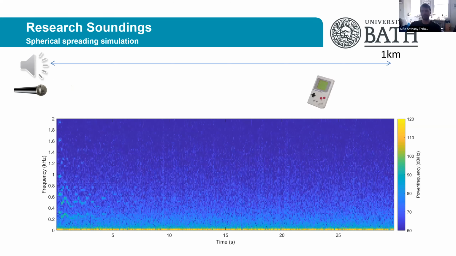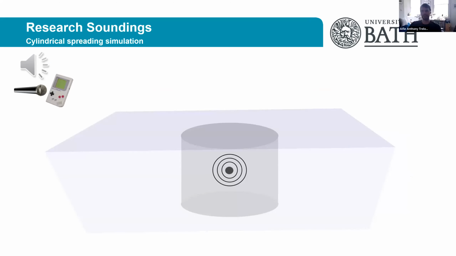So another simple model for propagation is known as cylindrical spreading, which is basically beyond a certain range, the acoustic waves will hit the sea surface and the sea floor. And then the acoustic energy is contained within those boundaries and is assumed to spread out as the surface of a cylinder. And this results in a vastly different magnitude receiver, still being very much detectable for the entire duration.